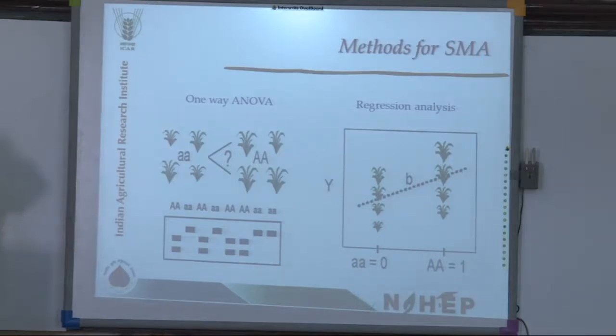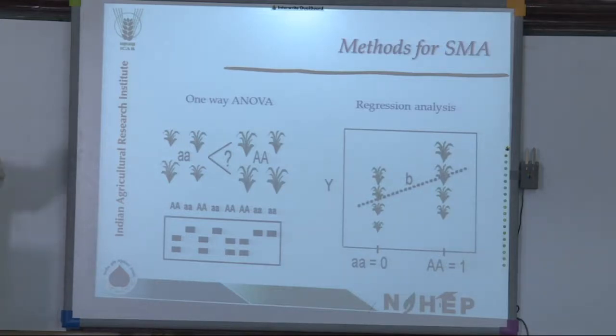If the marker is associated with the trait, these two groups will have distinct variation in the trait. Is it not? For example, you have an allele A and a small a, and you have 10 plants here, 10 plants here.